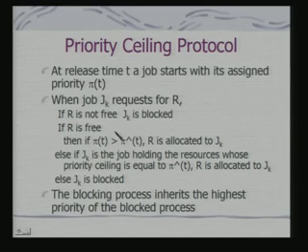What is checked is if π_t is greater than π̂_t, the current priority ceiling, then r is allocated to JK. Else, if JK is the job holding the resources whose priority ceiling is equal to π̂_t, then r is allocated to JK, else JK is blocked.